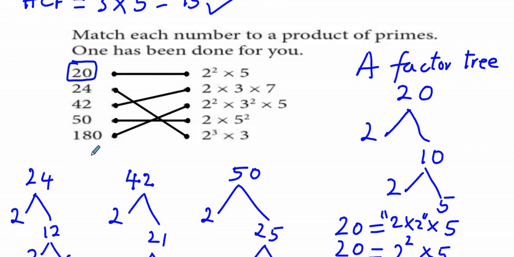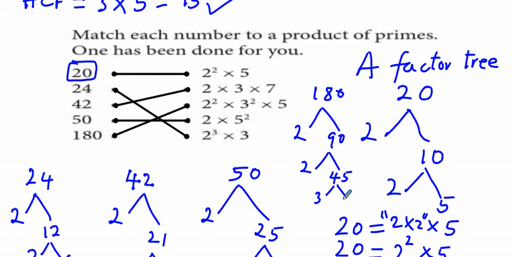But suppose you want to check that your match is correct. So we have 180 over here. Do the factor tree for that. 2 times 90, and then this will be 2 times 45, and then 45 is 3 times 15, and then you do 3 times 5. See that?